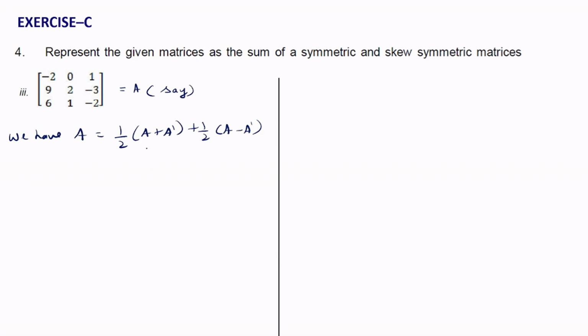Now this A plus A transpose is symmetric and A minus A transpose is skew symmetric. So let us take, let P equal to half of A plus A transpose.